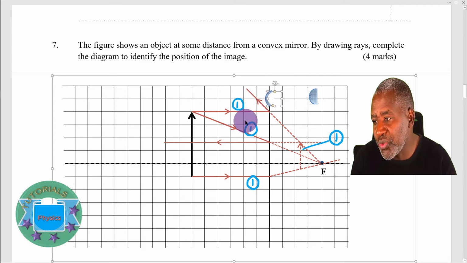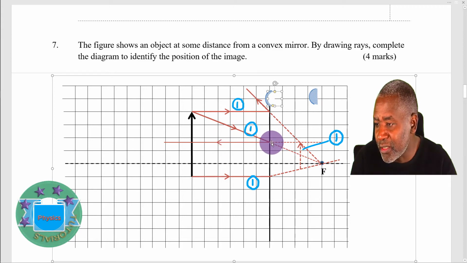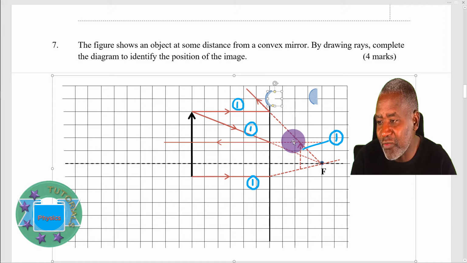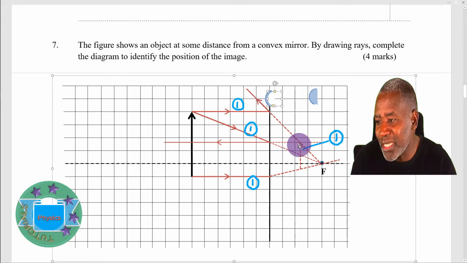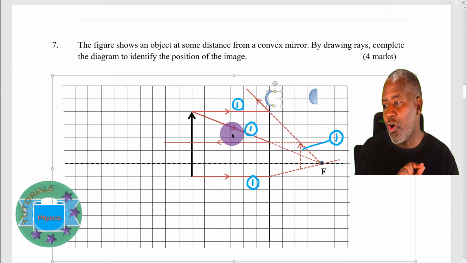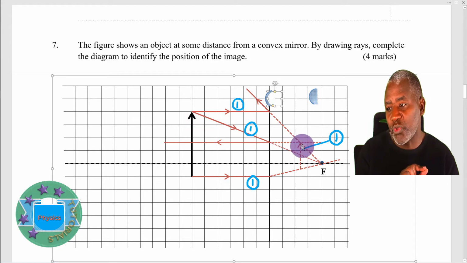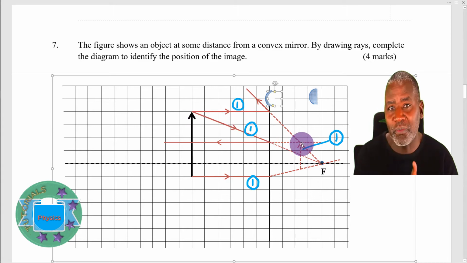So we've got the two reflected rays which are diverging. So what do we do? I will dot this one backwards as far as possible, then dot this other one backwards as far as possible, and then where they meet is where the image of the head of the object is formed.